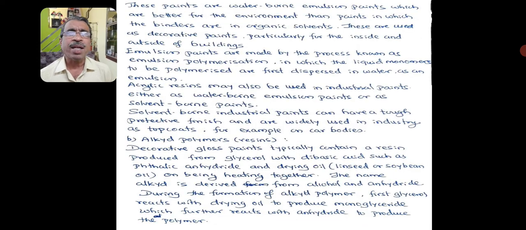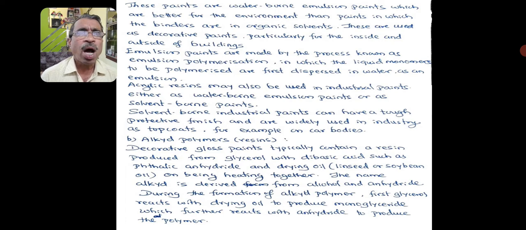So, the vinyl esters and acrylic esters. These paints are waterborne emulsion paints, which are better for the environment than paints in which the binders are organic solvents. These are used as decorative paints, particularly for the inside and outside of buildings.